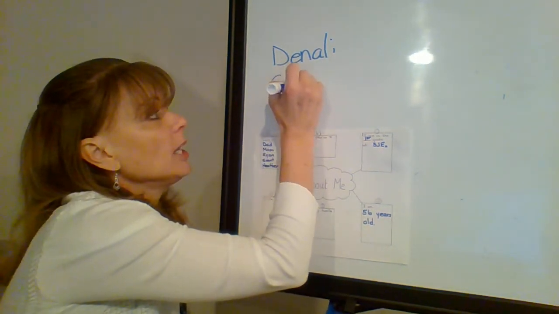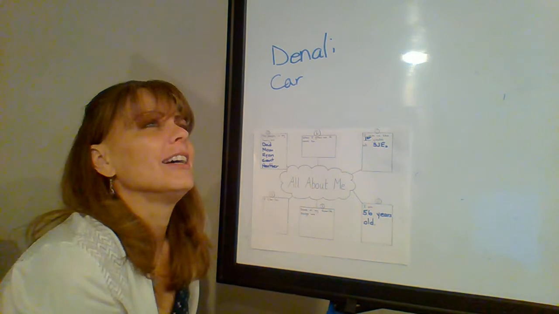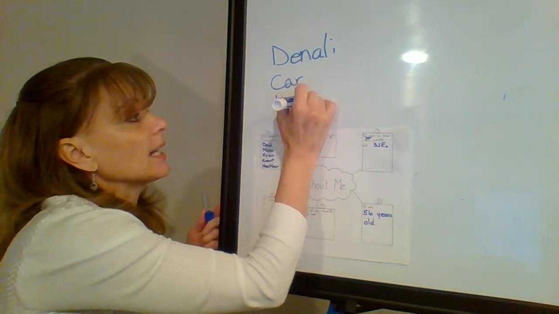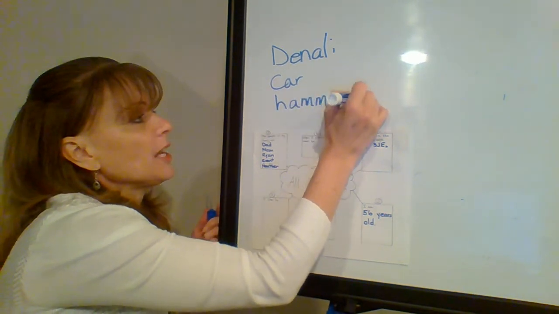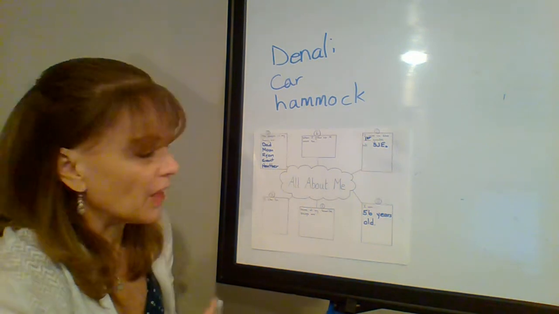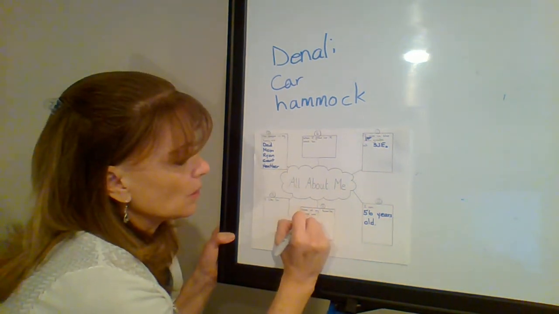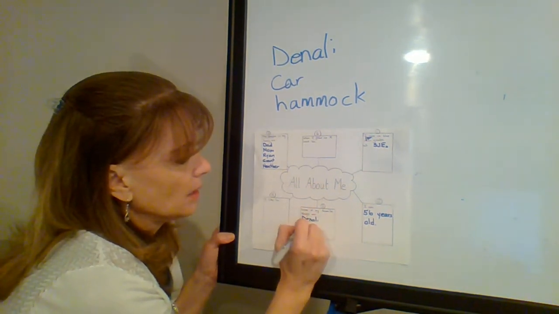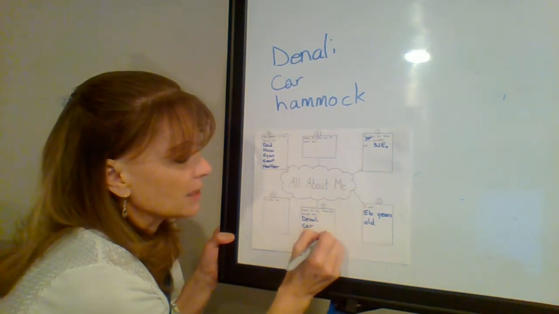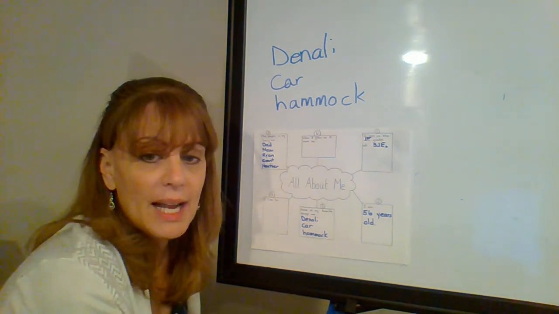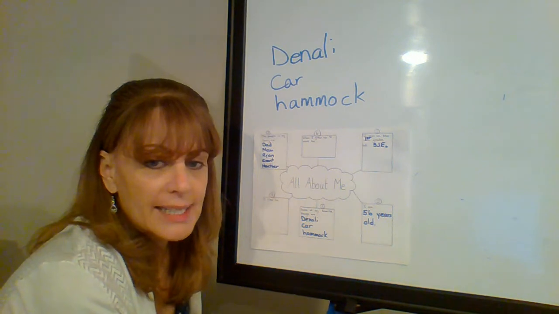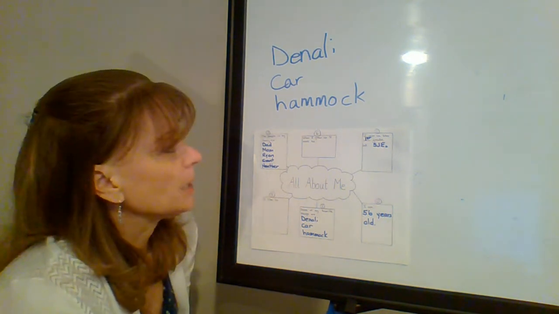My car. What do I? Oh, I have a hammock that I love. Trying to think of 3 things that you really love. Some of my favorite things. So Denali, car, hammock. You notice we're not writing sentences. We're just making a list. We are filling out a graphic organizer, and it's just going to trigger our ideas for when we have to complete them and put them in complete sentences.